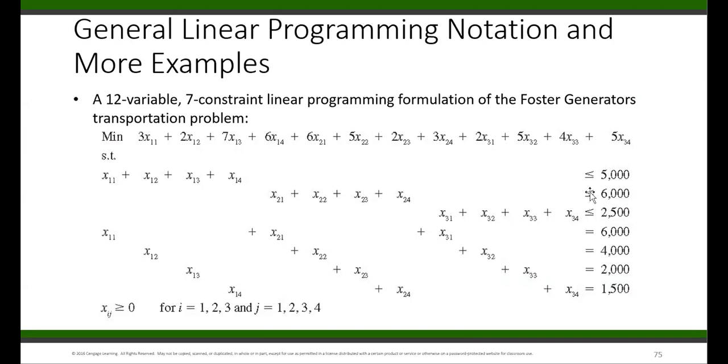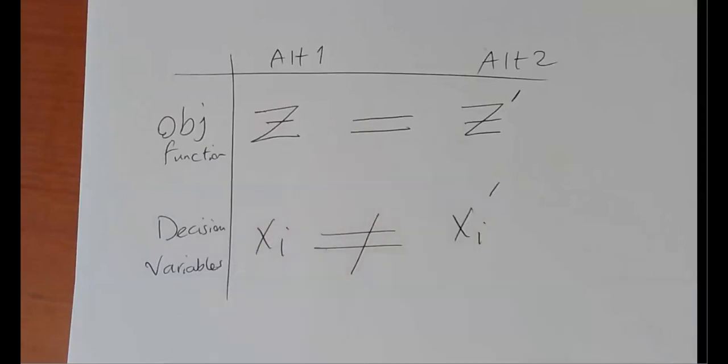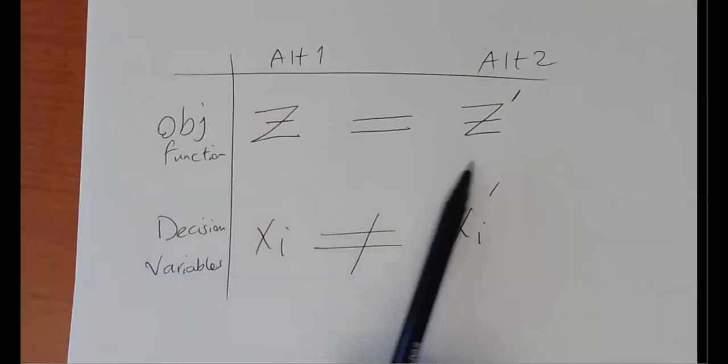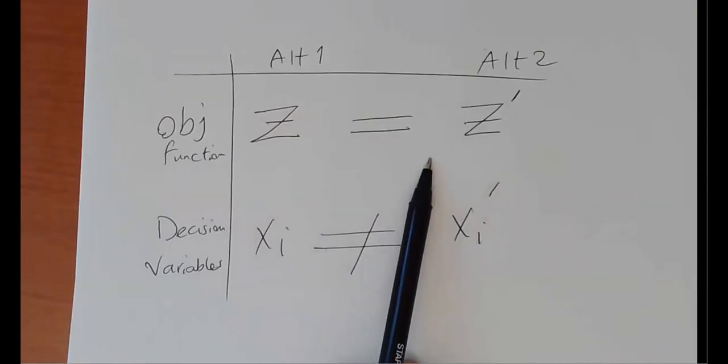But now we want to see if we can look for an alternative solution. Remember, in order to be called alternative, one very important thing is that it has to have the same objective function. So we can use this for finding an alternative solution.